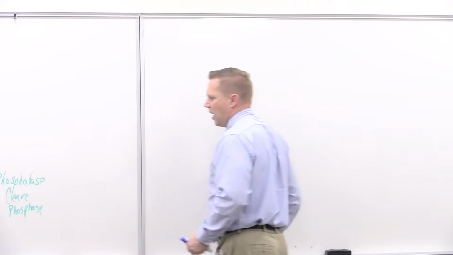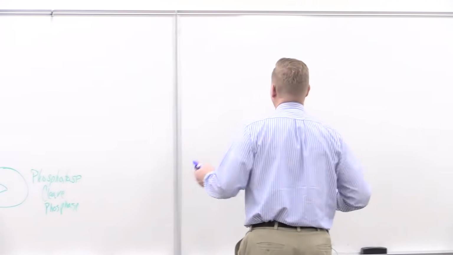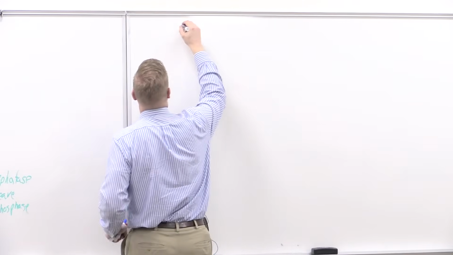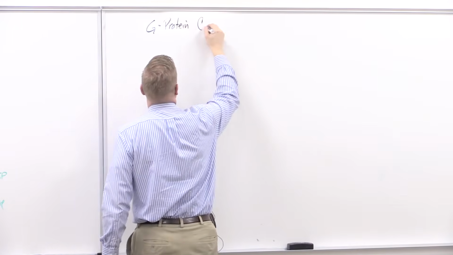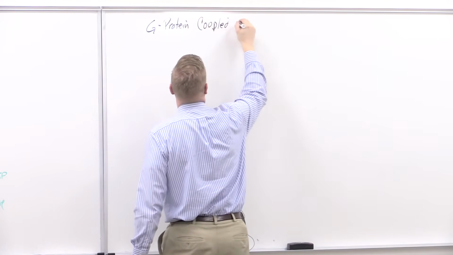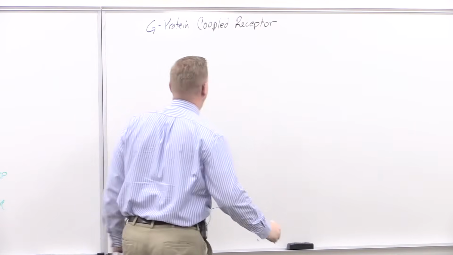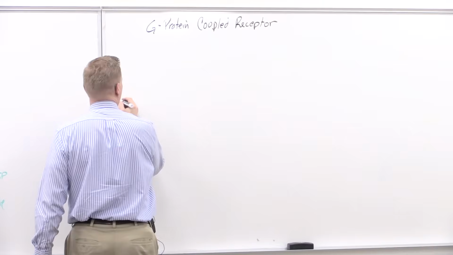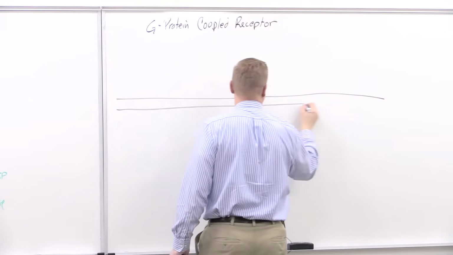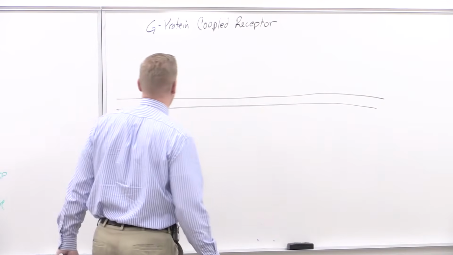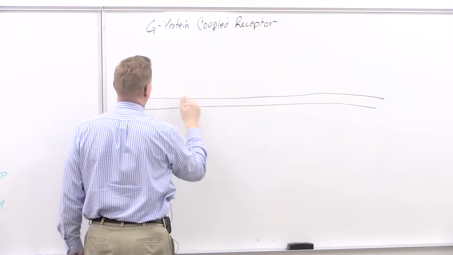Our last mechanism is actually the most complex one. And so this is going to be a G protein coupled receptor. So if we draw our membrane, the receptor in this case is called a serpentine receptor or a G protein coupled receptor.